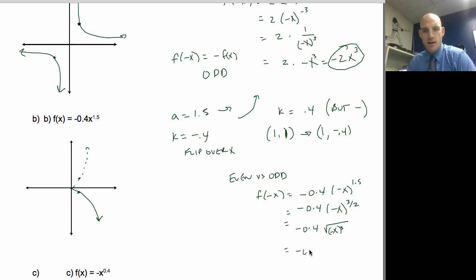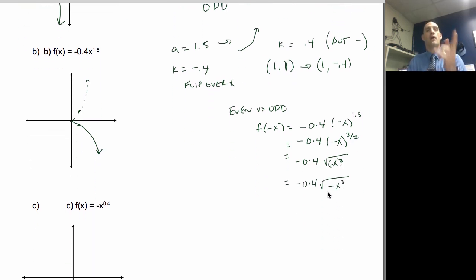The top power goes inside, the bottom power goes outside. And so no matter what I put in for x, what's underneath is going to be negative.